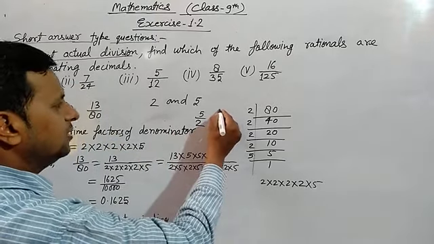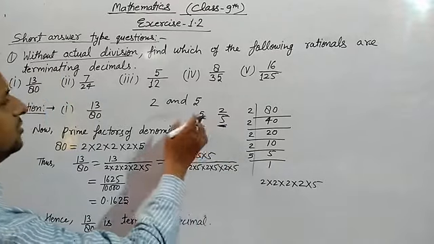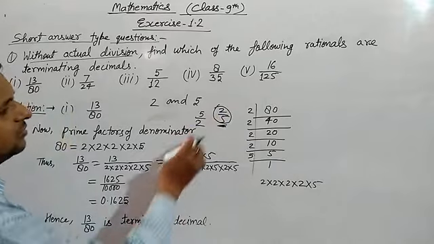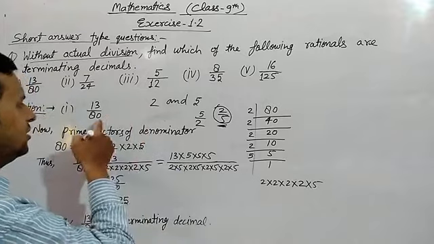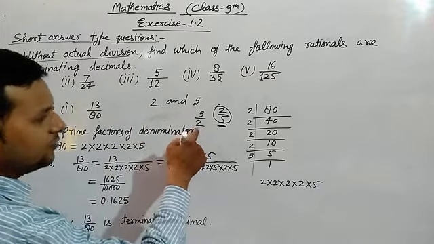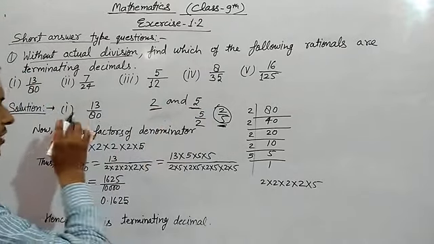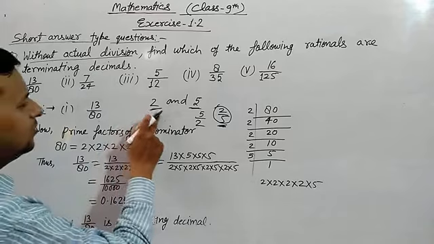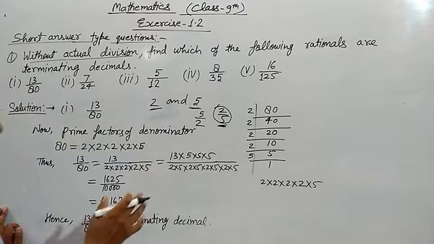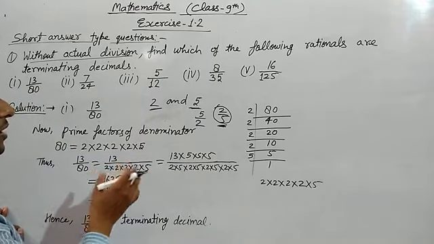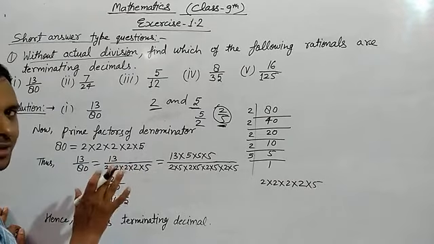And if the denominator is 5 only, then this is also a terminating decimal. It means our denominator should be in the form of 2 and 5, and no other number can be used. Only 2 and 5 should be there.